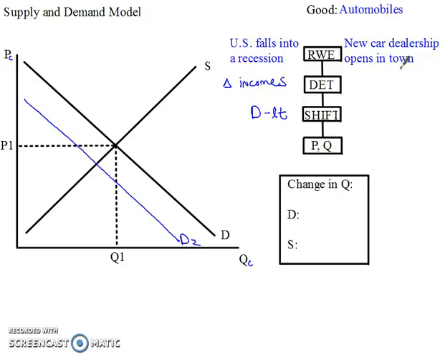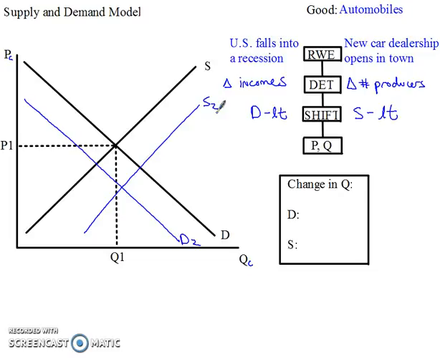So my determinant for that on the supply side is going to be a change in the number of producers, or change in the number of sellers, however you want to say it. So there's going to be more car dealerships in town selling cars, and so that's going to cause the supply of cars to shift out to the right. There's going to be more sellers, so the supply curve is going to shift out to the right.